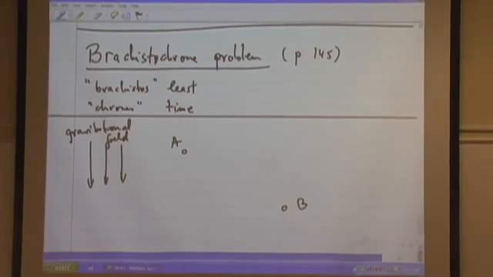They could even be at the same height, but you have 2 points and you'd like to let one particle go from point A to point B, and you want to know what's the least amount of time that it takes. Okay?